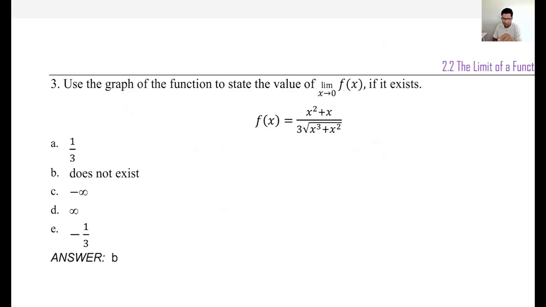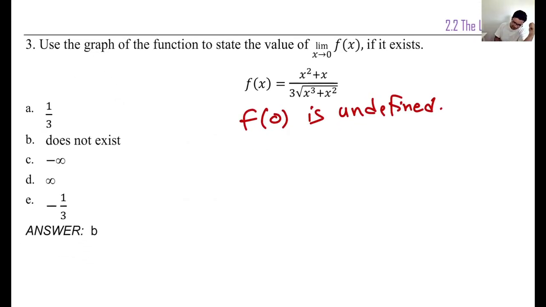If you plug in 0, you are going to get 0 divided by 0, which is an indeterminate form, so f of 0 is undefined. So you are trying to get a hint of what happens when x gets closer to 0, right? We will see the graph again later, but let's do some analytic work, and there are some important concepts therein.